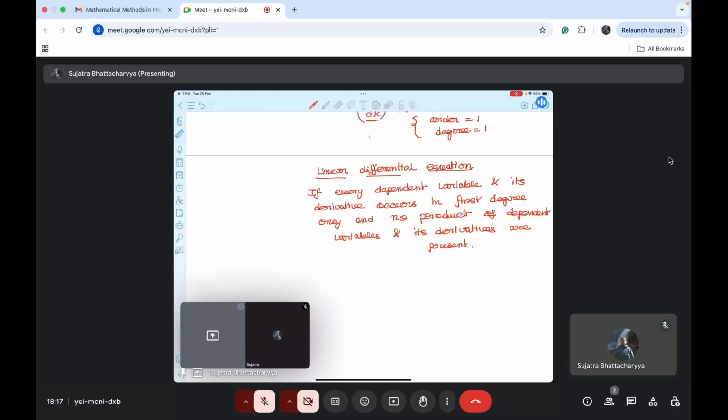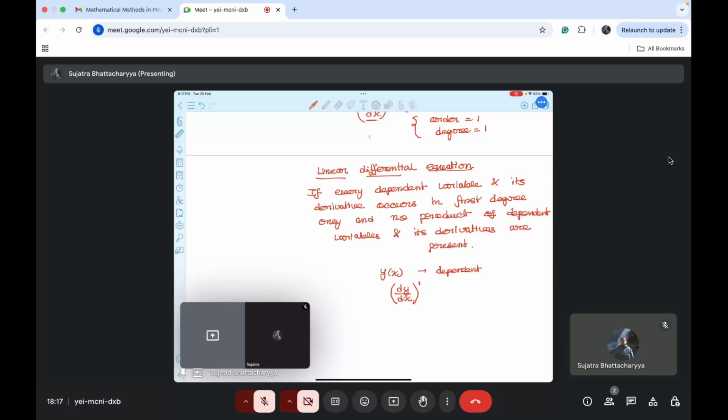So what is being said here? If every dependent variable, say y which is a function of x, and its derivative dy by dx occurs in first degree, that means the order of the highest derivative should be 1.